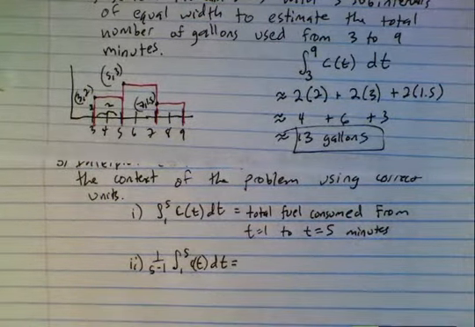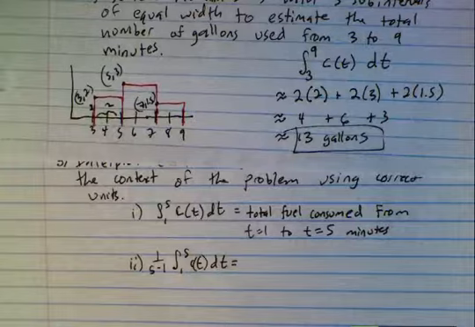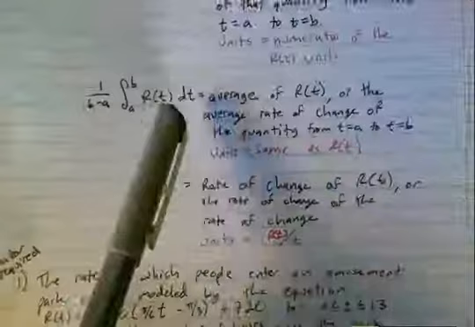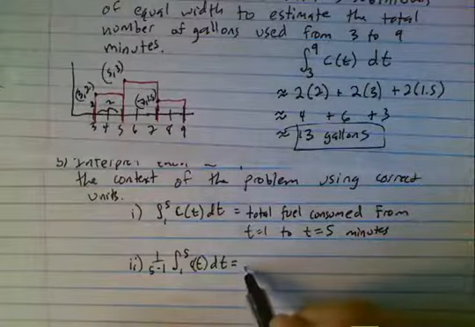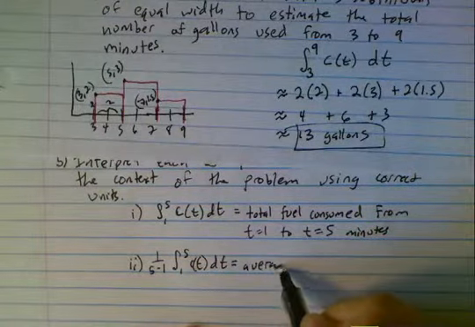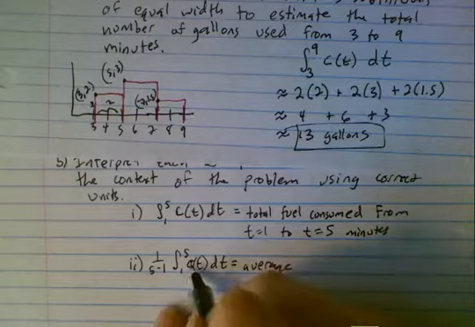This pattern is one that we have to be very, very familiar with. Whenever you see that initial division, that means we're talking about average value. So this is the average of C of t.